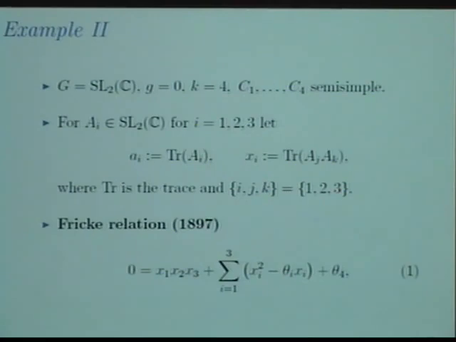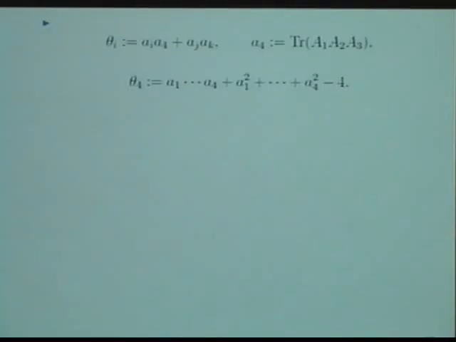So there's some missing things to describe. I'll do that in the next slide. But the thing is, we're highlighting the x's as the variables here. So this is a cubic equation in the x's. And the thetas we're going to view as parameters. And here's an explicit description of what these things are.